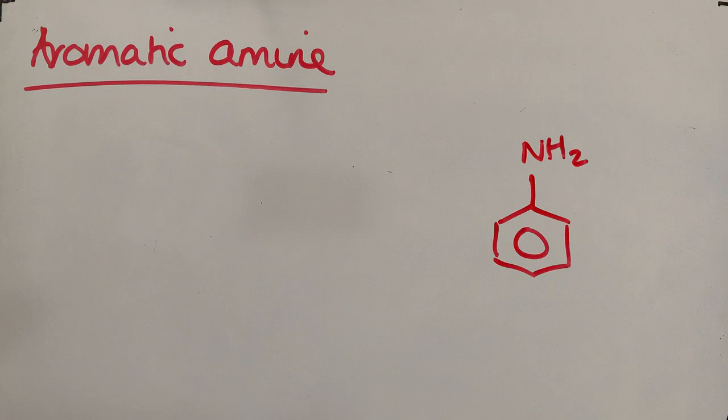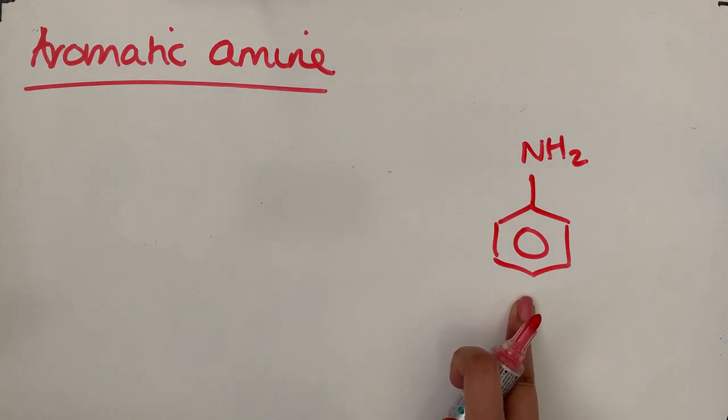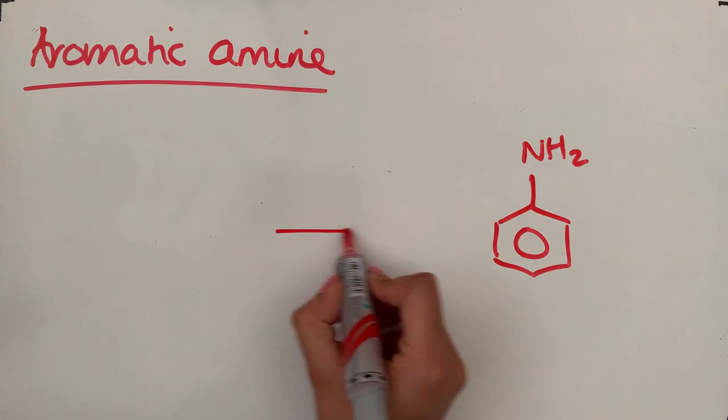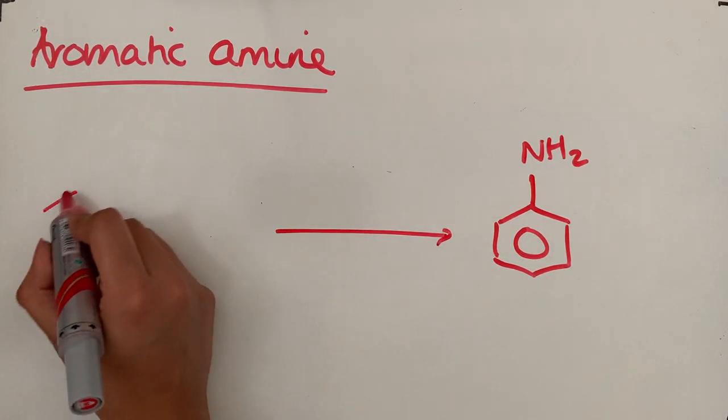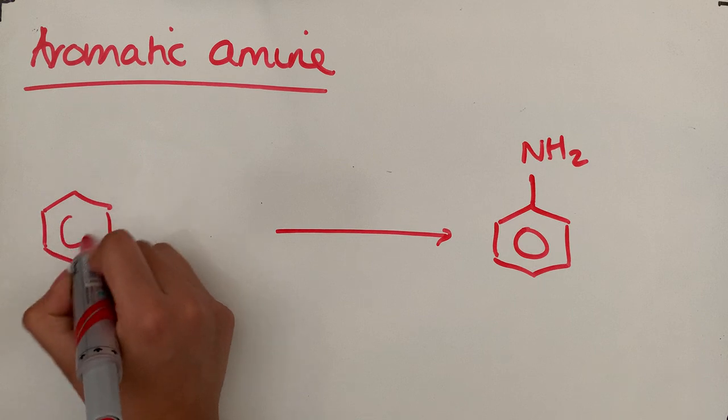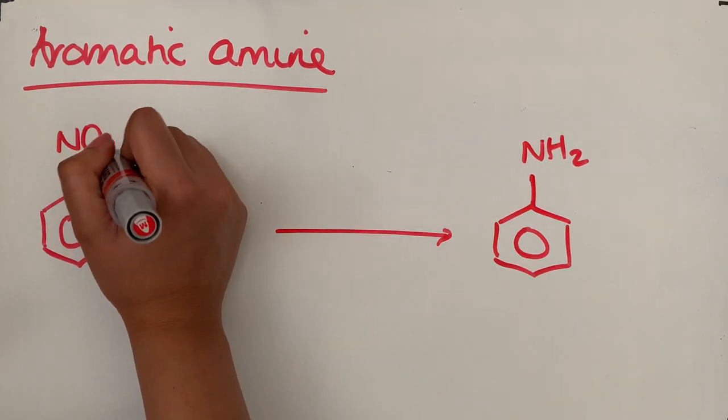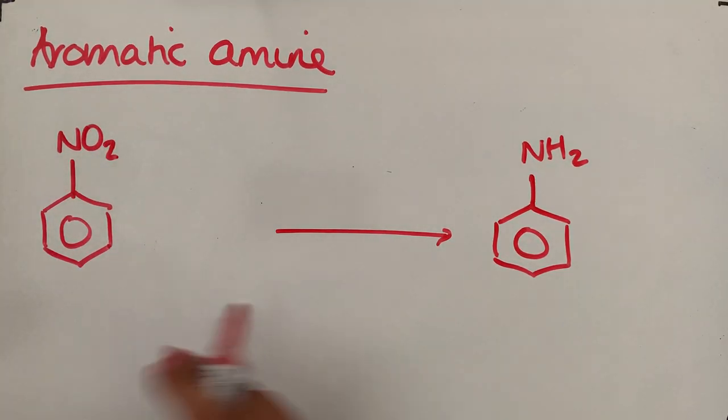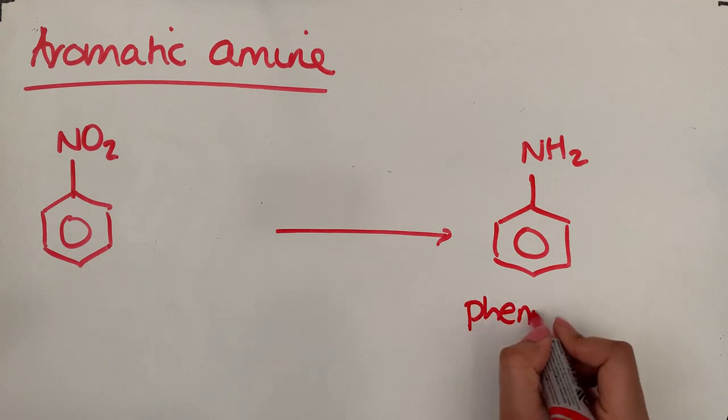It's where an aromatic ring is directly bonded to the nitrogen. This can be made through reacting nitrobenzene. So phenylamine can be made from nitrobenzene. I'll just write these out here.